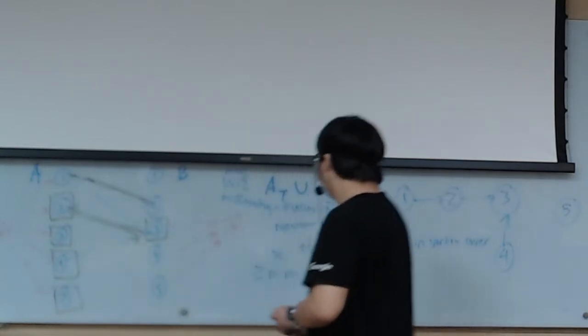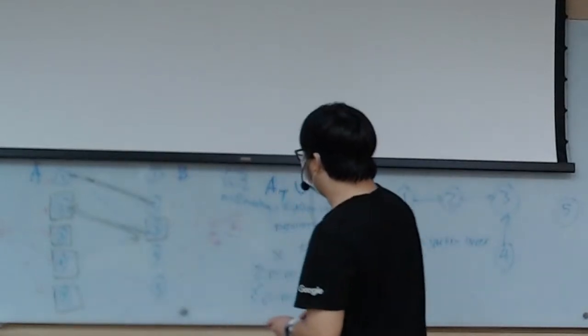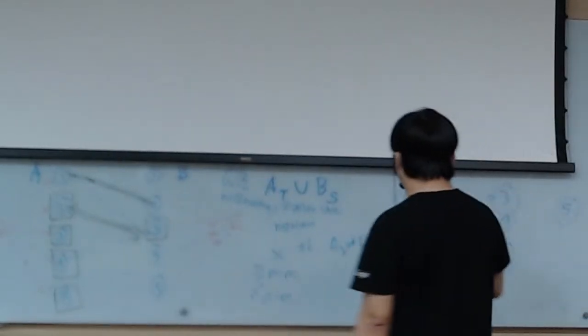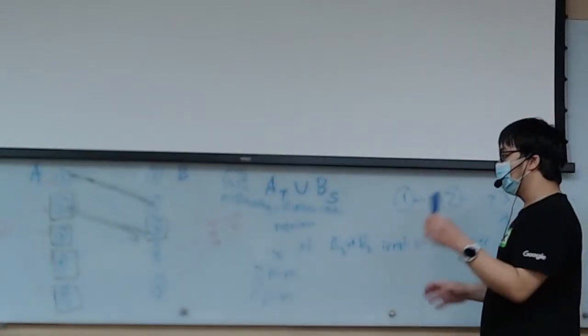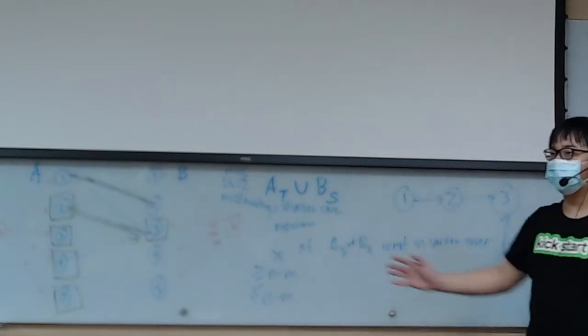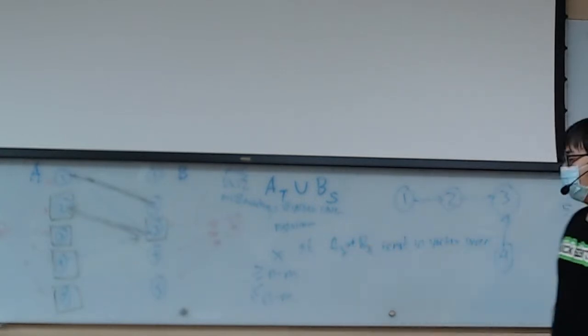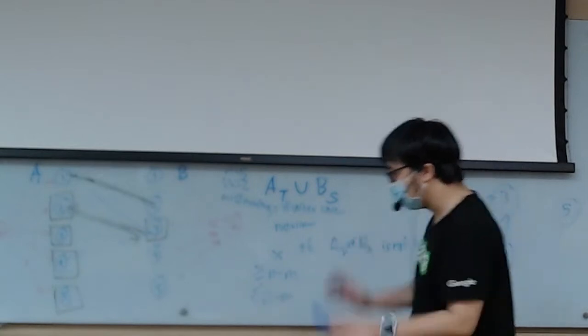Because it's the same. But we can also prove that it's less than or equal to n minus m by doing the previous one, where we say that if there are two nodes that are in the independent set, then they cannot be in the same path. So that's why this is also bounded by n minus m.